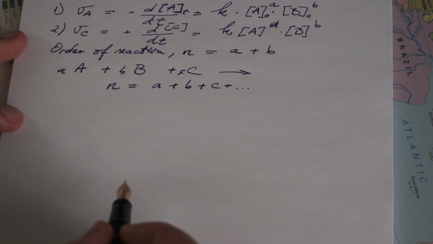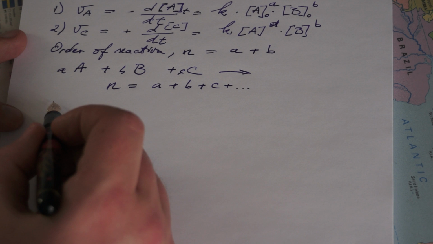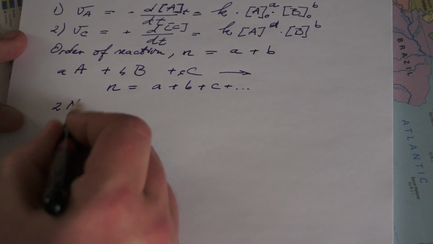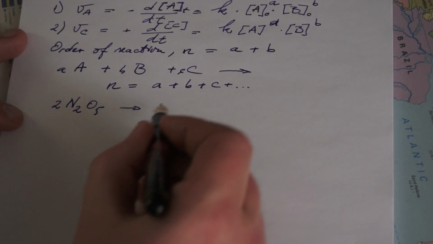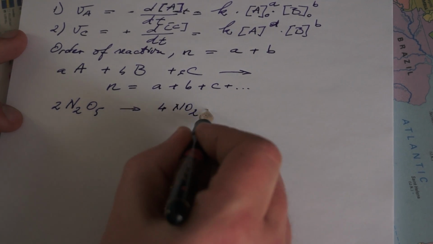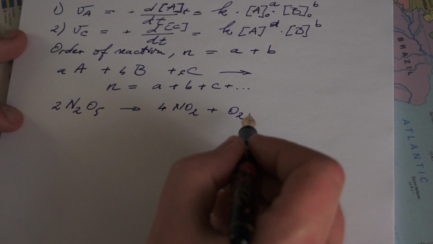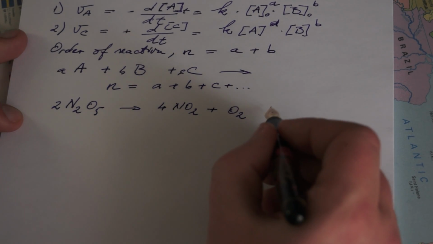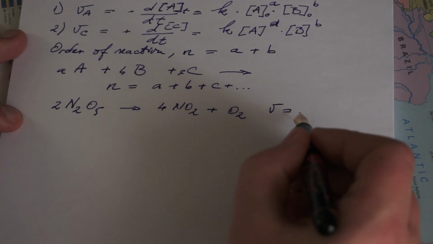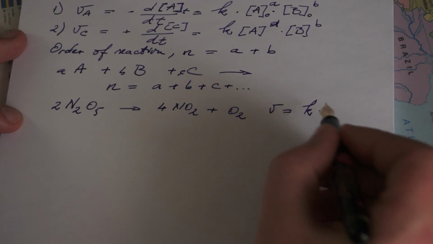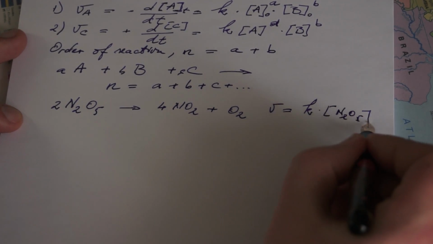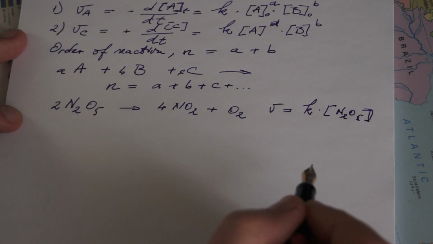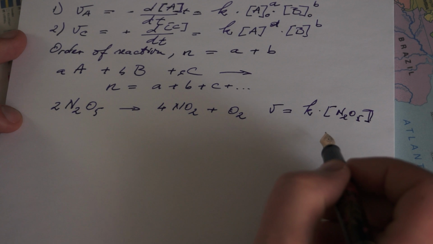If you take, for example, the decomposition of nitrogen pentoxide, which decomposes into NO2 plus oxygen, you would write the speed of reaction as k, the reaction constant, times the concentration of nitrogen pentoxide.